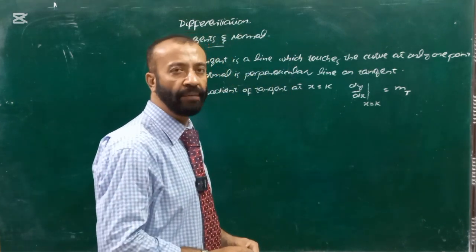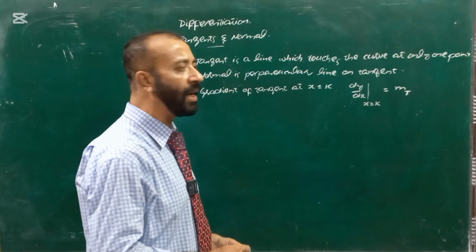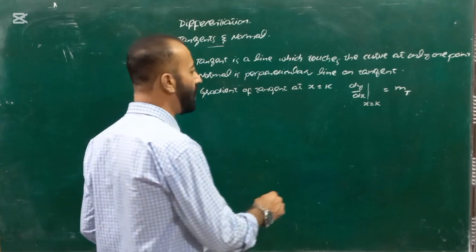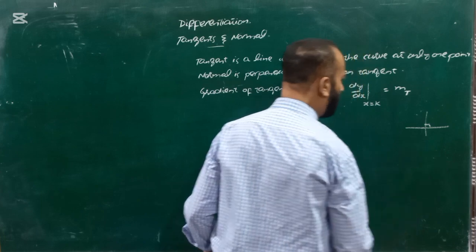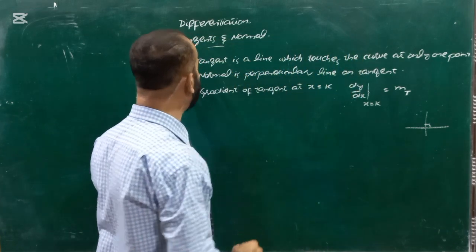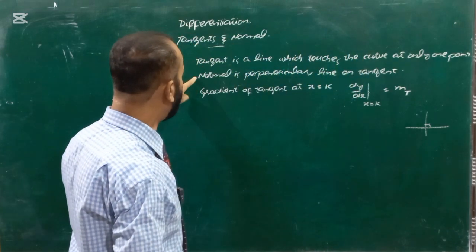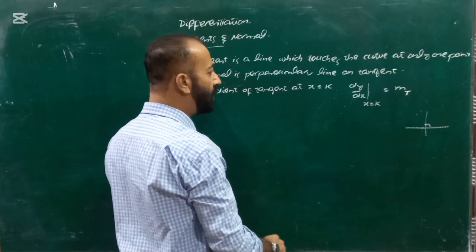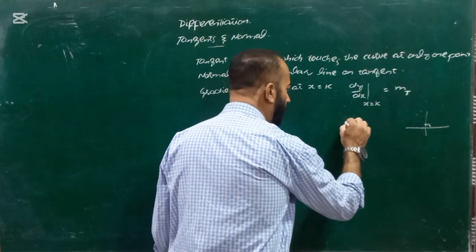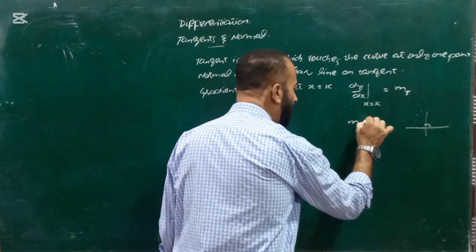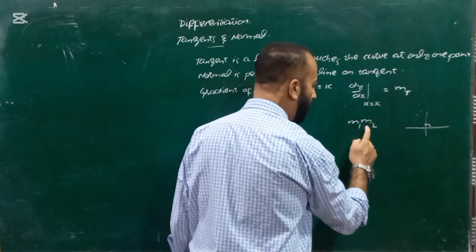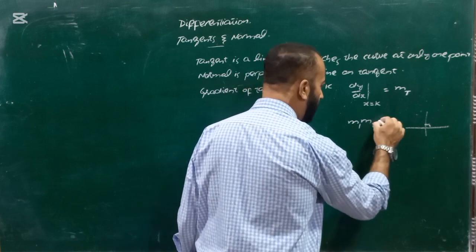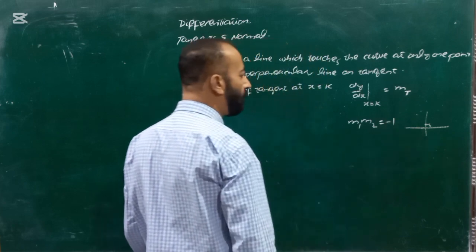And another concept of coordinate geometry is that when two lines are perpendicular to each other, like here we are seeing that the tangent and normal are perpendicular to each other, the product of their gradients is -1.